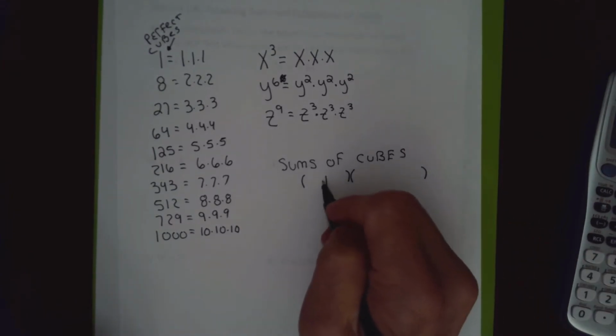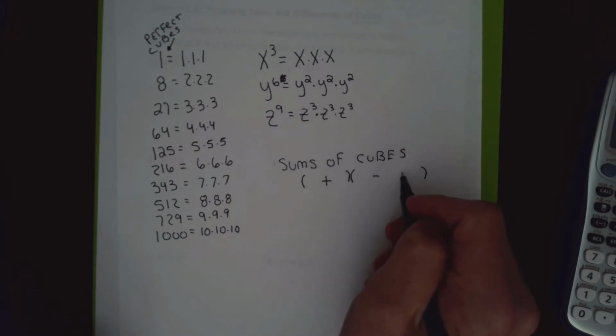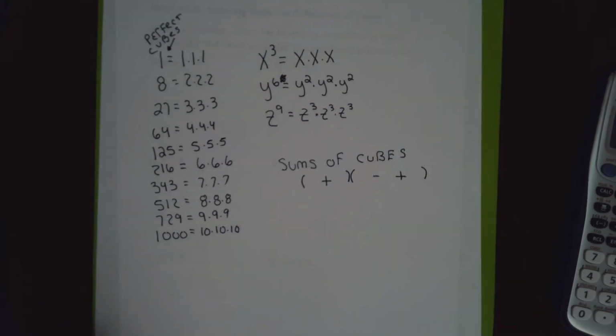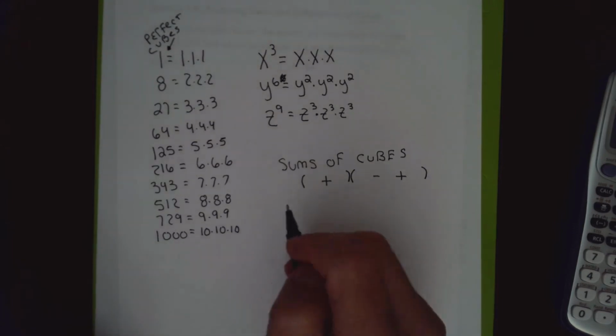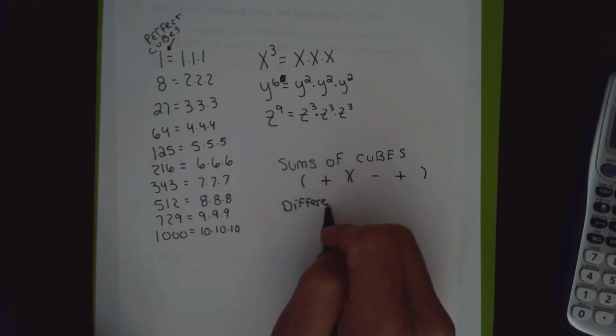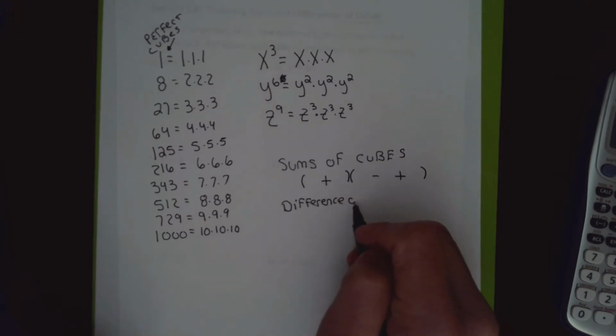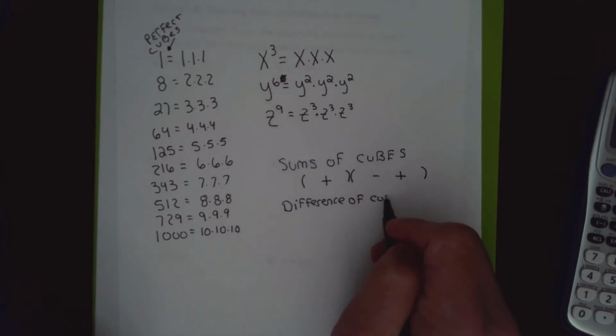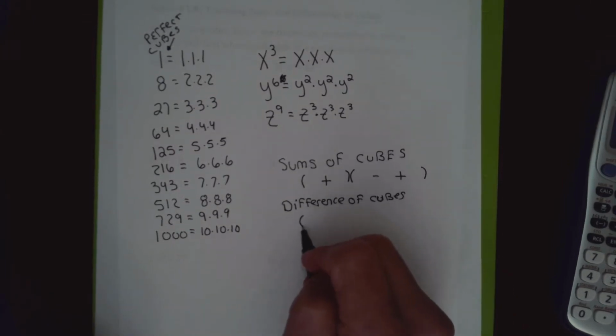The signs are plus, minus, plus when I go to factor a sum of cubes. Unlike sums of squares, which are prime, sums of cubes factor. And differences of cubes also factor. And they factor oddly.